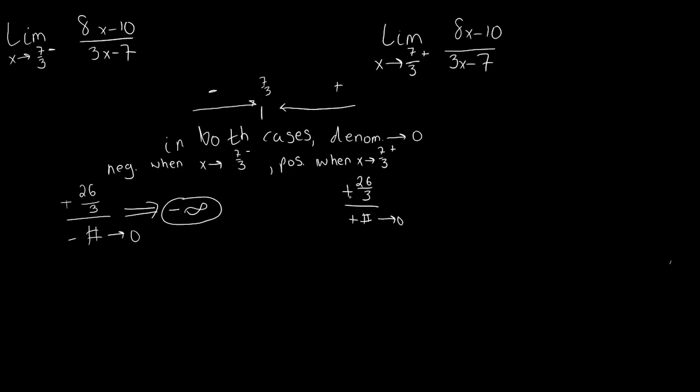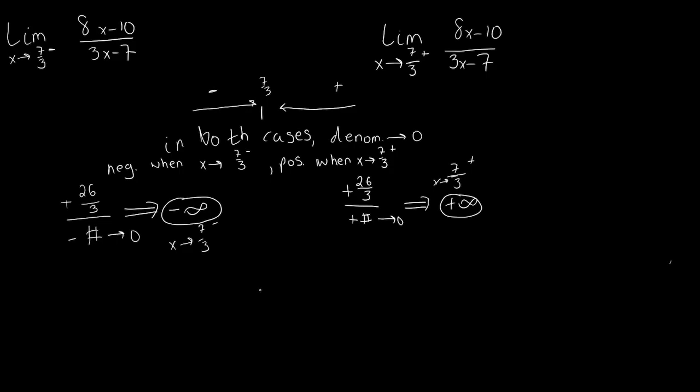So since this is positive over positive, and it's approaching 26/3, and this is approaching 0, this implies that this limit is positive infinity. And so this is for x approaching 7/3 from the right direction, and this is x approaching 7/3 from the left direction.